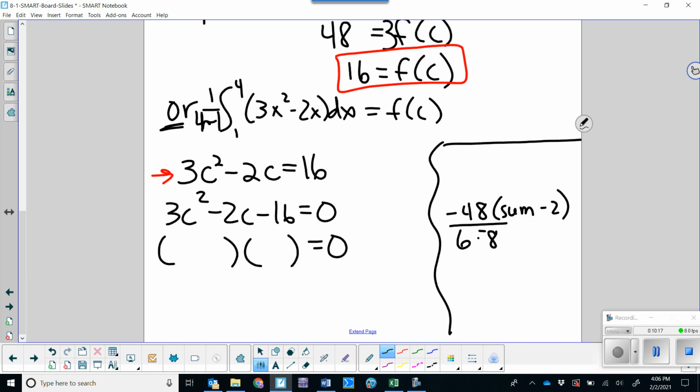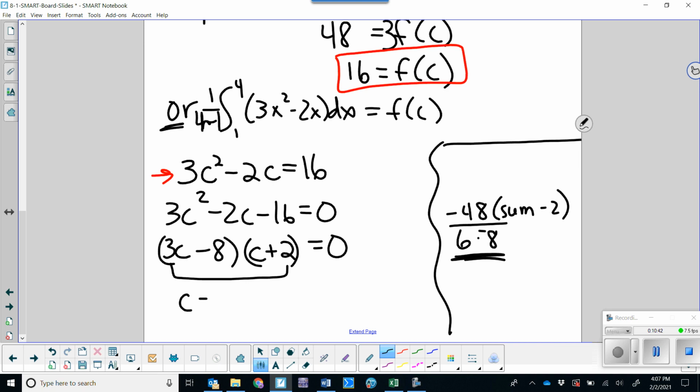Then remember, we know 3c squared has to be 3c times c, because I'm only using integers. And then my outside product, 3 times something, is one of these numbers. So I have to be making the 6. So 3 times 2, which leaves negative 8 there.